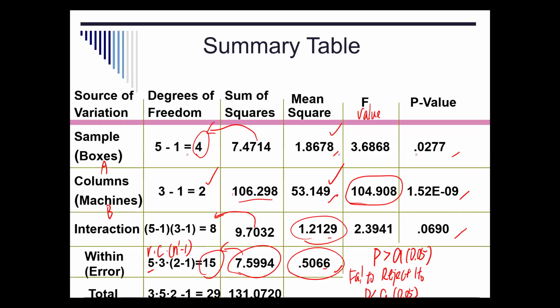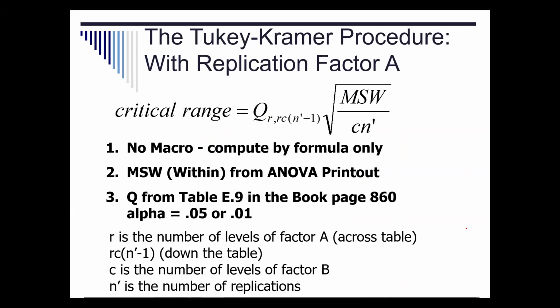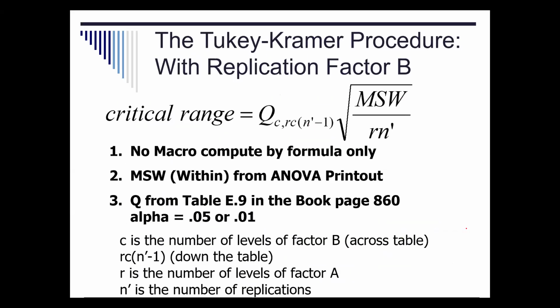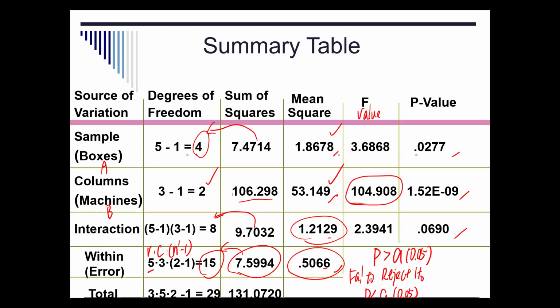So for factor A, the population means are different. Here means the average filing speed for those 5 boxes. Since we reject H0, right? Meaning at least one of them has a different filing speed.